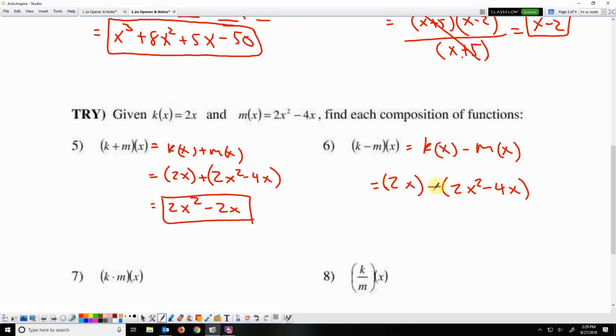Okay, so no x squared here, minus 2x squared. And then 2x minus negative 4x is positive 6x.